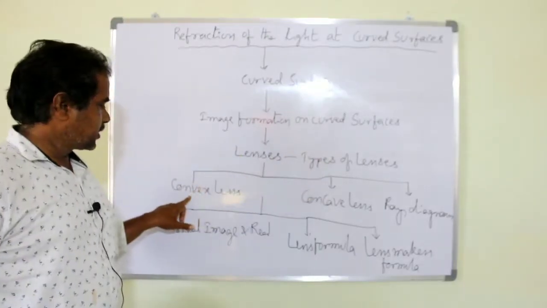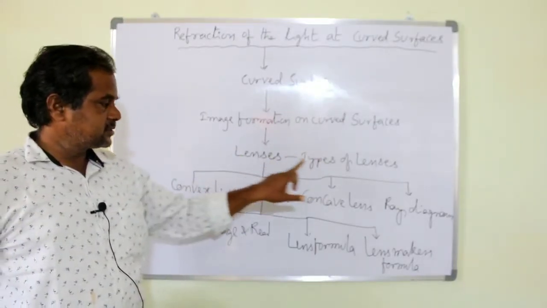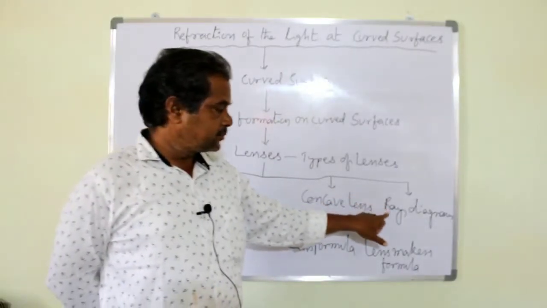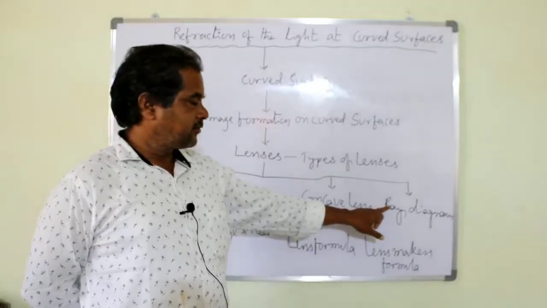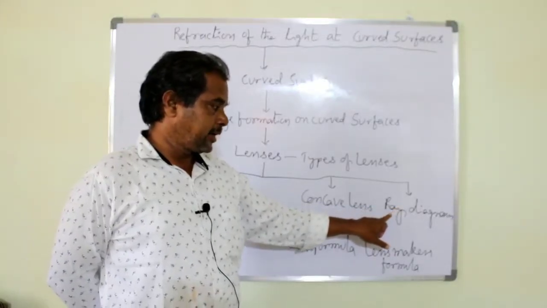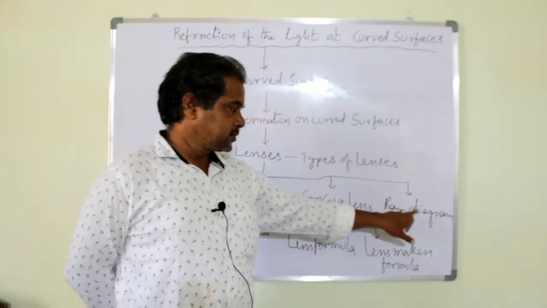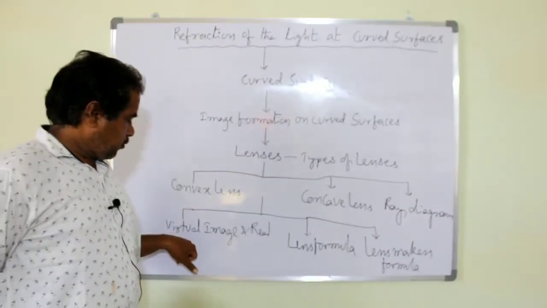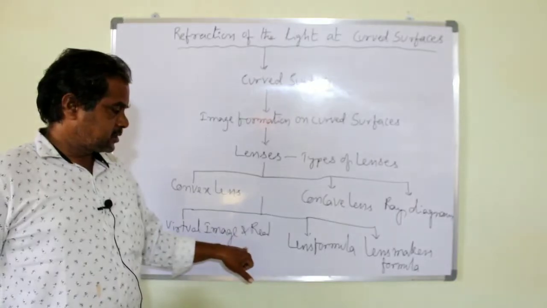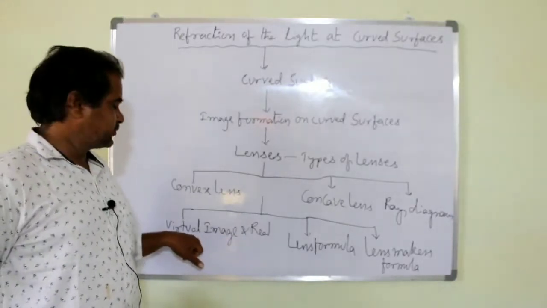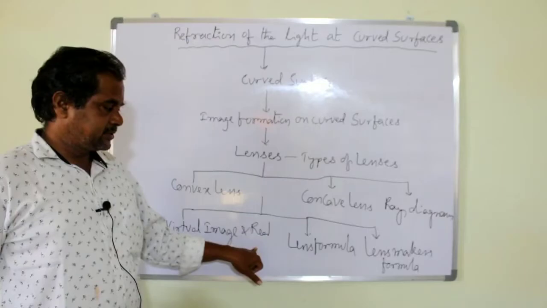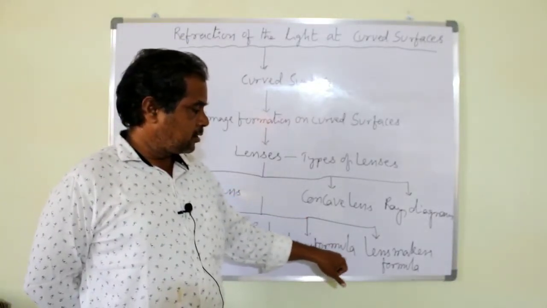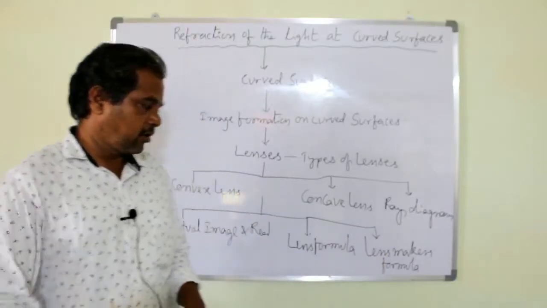In this class, we are discussing only the biconvex lens and the biconcave lens, and when an object is placed in front of either, how the ray diagrams are formed. Also, what is a virtual image, what is a real image, and the differences between them. Next, we derive the lens formula and the lens maker's formula.